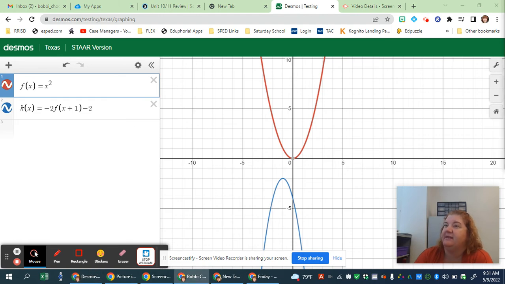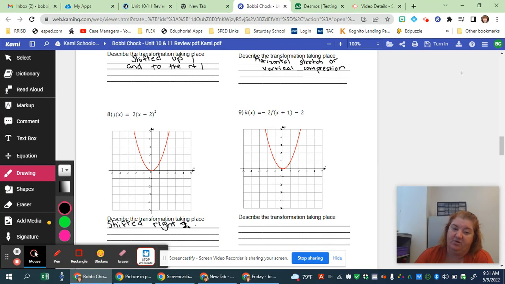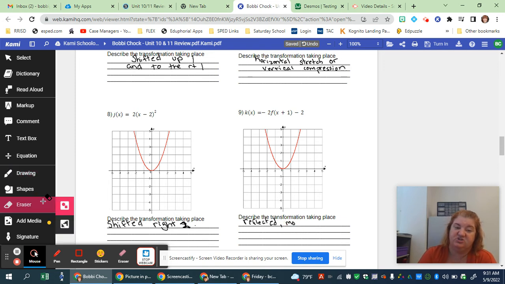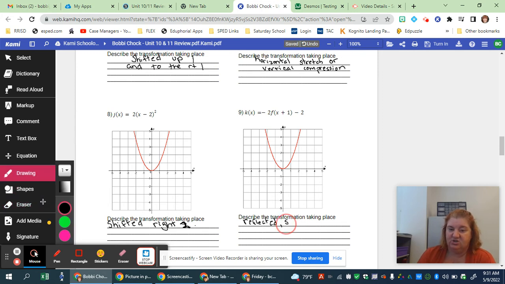So let's write all that in. See if I can remember it all. Reflected, and then moved, or shifted. We like to use the word shifted. That's an academic word.